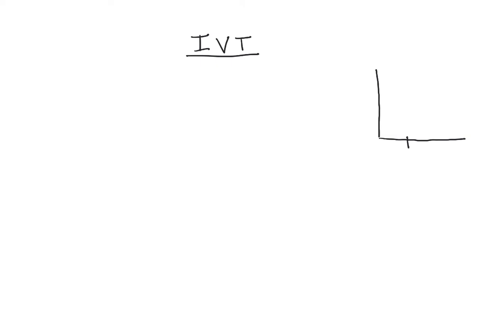So I have this interval on my x-axis from A to B. And then on my y-axis, I'm going to have f of A, the y value, and f of B, another y value. And then a point in between them, point C, and then a value here that is x.